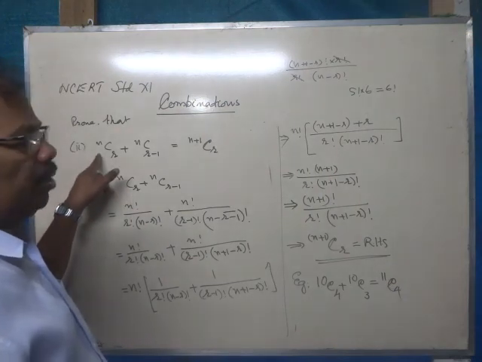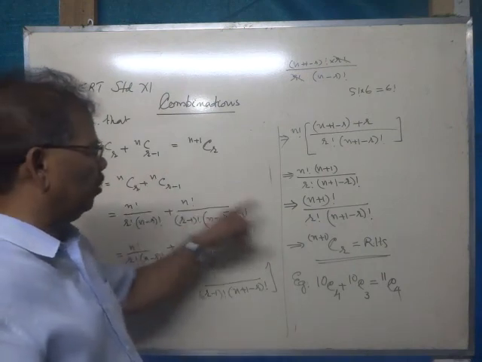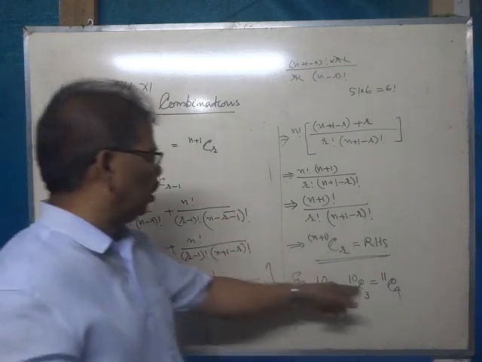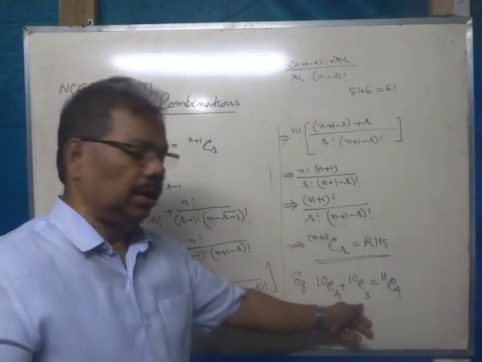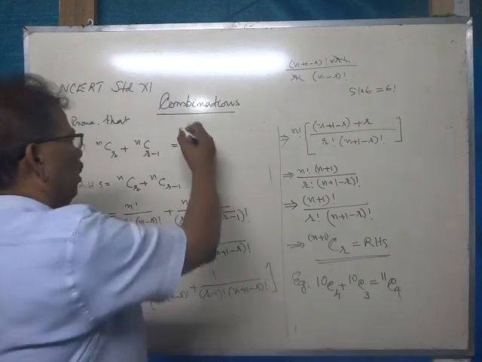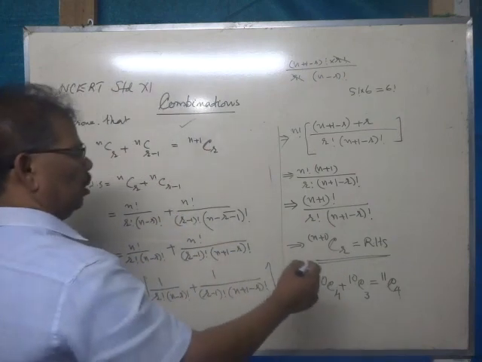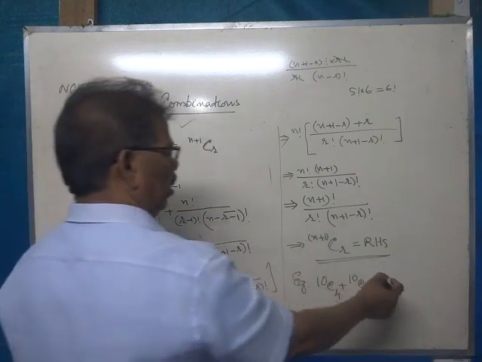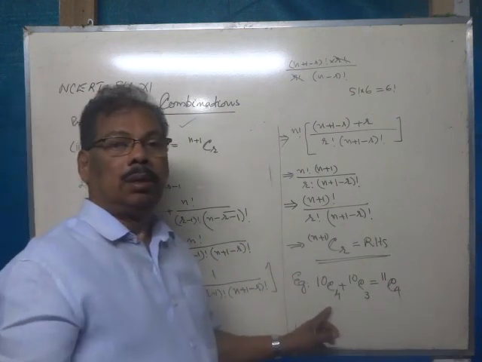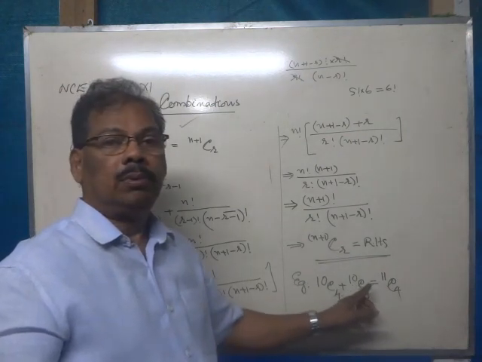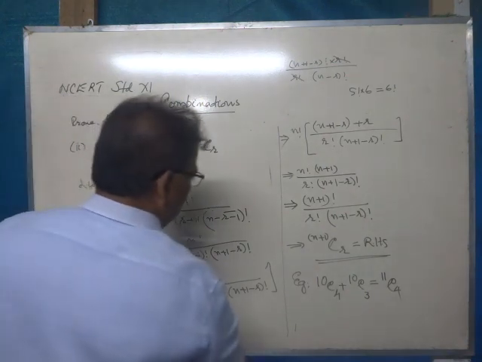Here, instead of n we have written 10, instead of r we have written 4, here also 10, then r minus 1, here it is 3. By the rule, 10C4 plus 10C3 must be equal to (n plus 1), that is 10 plus 1, 11C4. Here it is 4 in place of r. All right.